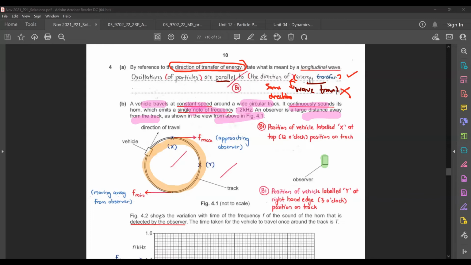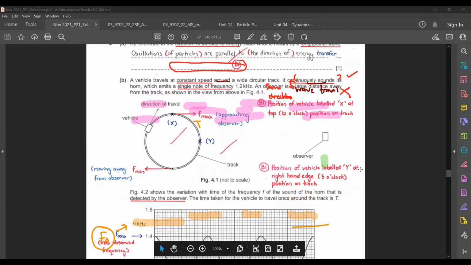Okay, so figure 4.2 shows the variation with time of the frequency f of the sound of the horn that is detected by the observer. This one is actually talking about your f0, your observed frequency. The time taken for the vehicle to travel once around the track is T. So to go from one complete round like this, it takes T. Okay, so that is what we know right now.